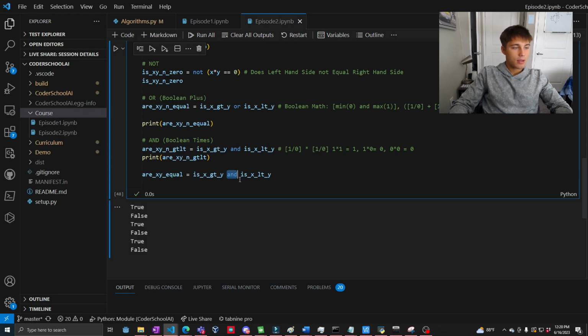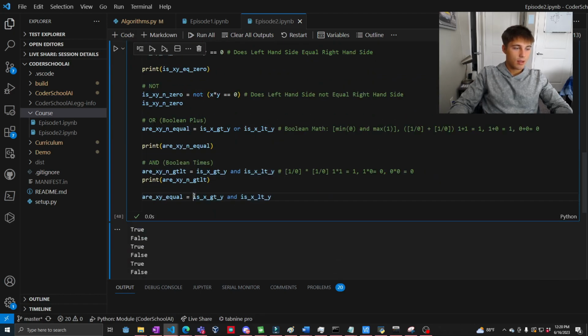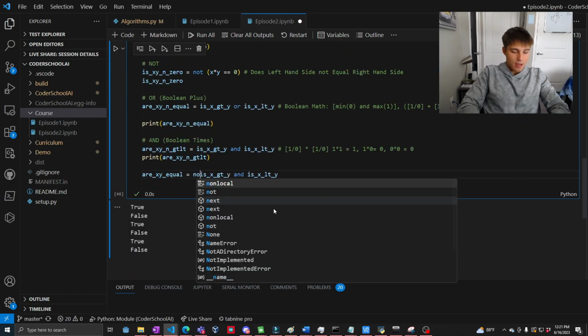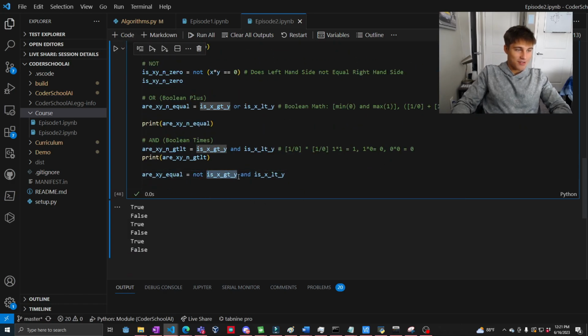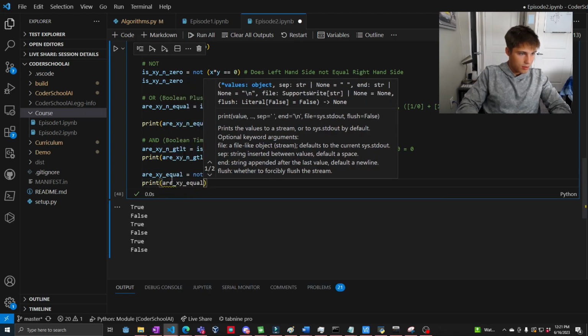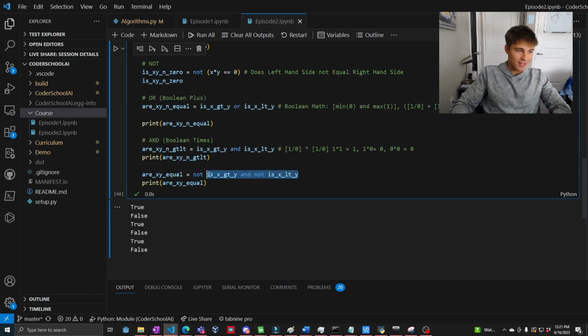And we said that x is only going to be less than y if x and y are not equal. Okay. Well, if both of these are only going to be true if x and y are not equal, then if I say not is x greater than y and not is x less than y, shouldn't that be the same as saying is x equal to y, right?